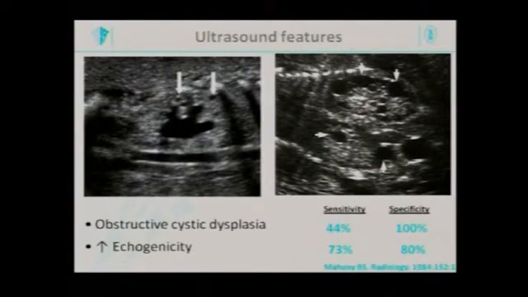And as you see here, it's not a very good feature, but when you have dysplasia, which is seen by marginal little cysts, as well as change in echogenicity, it is more or less predicting already renal failure.